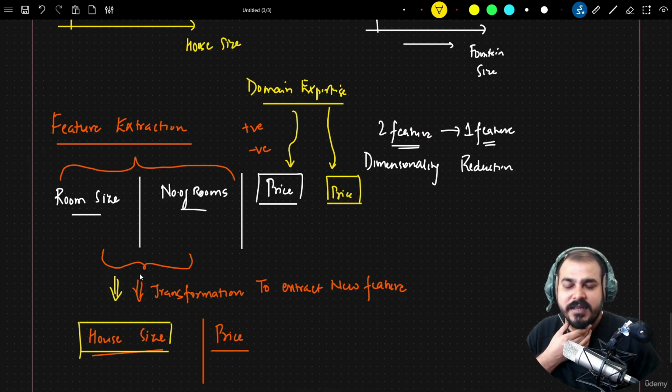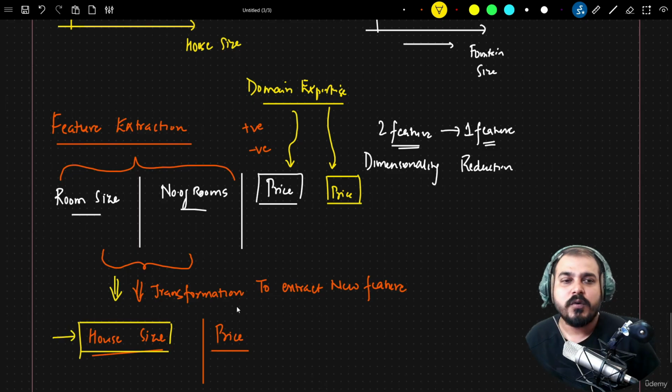Obviously, some amount of information is lost, but again, with the help of house size also, he or she can definitely predict the price. So in feature extraction, we are trying to extract a new feature from the features that are already present. And this is how we reduce the number of features or dimensions.